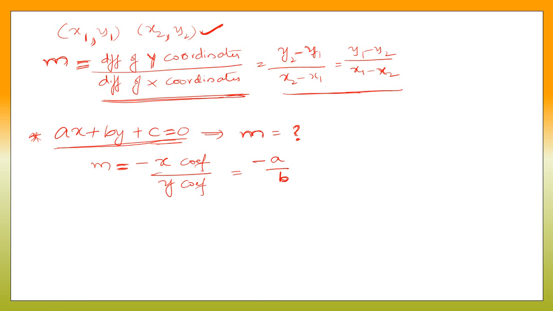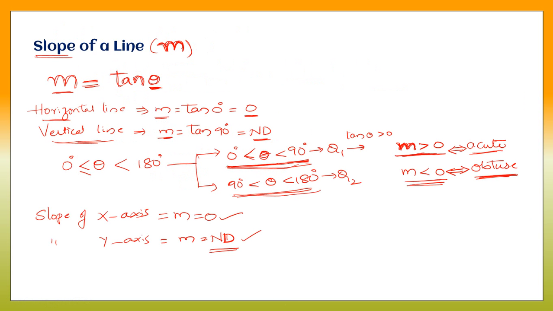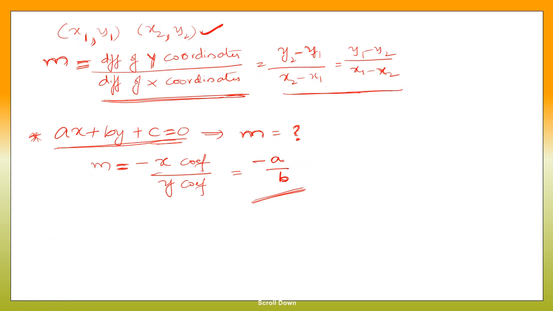These are the forms where, based on whatever conditions are given, we find the slope. If theta is given, we use the tan theta formula. If 2 points are given, we use the difference formula, and if a line equation is given, the formula is minus x coefficient by y coefficient, that is, minus a by b.